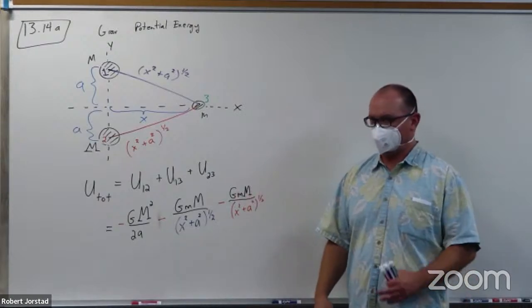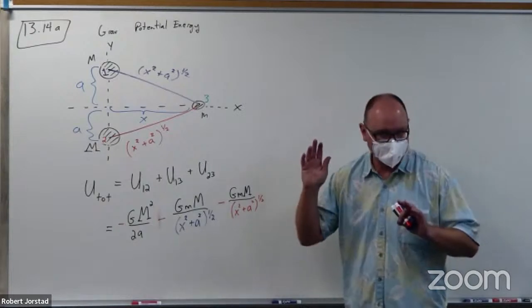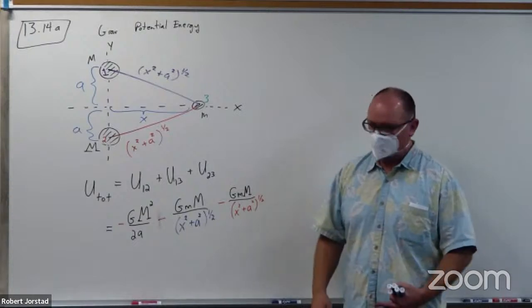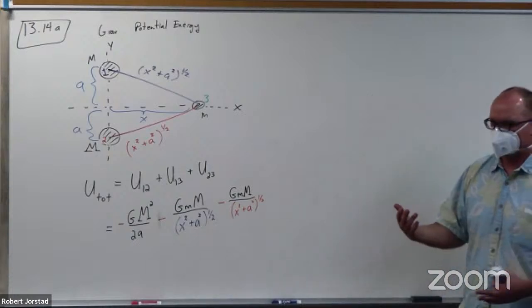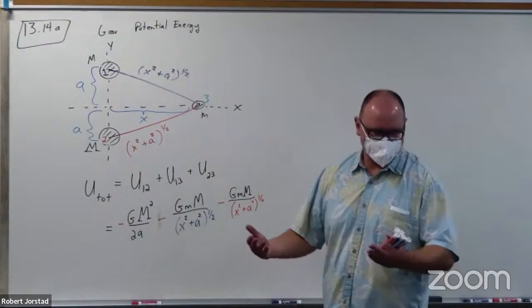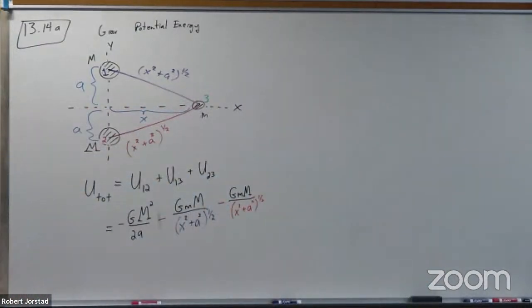And I would love to do it with either complicated sets of numbers with powers of 10, like scientific notation to see if you know how to use your calculator, or algebraically to see if you know how to deal with no numbers. Got it? I think that's pretty straightforward, but you got to practice it a couple more times, so that's what the homework's for. All right.